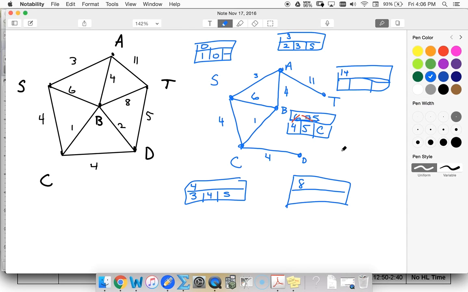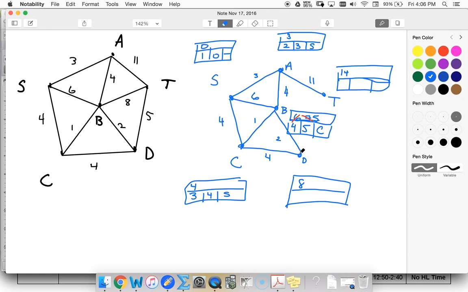Now I'm going to add in, from point B, the places I can go. From point B, I can go down to D, and going down to D has a length of 2. Oh, I also had my 4 and 4.